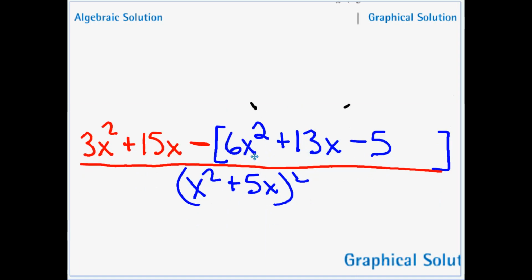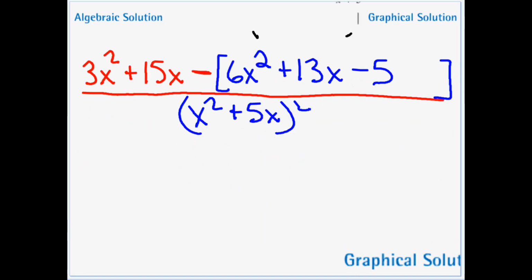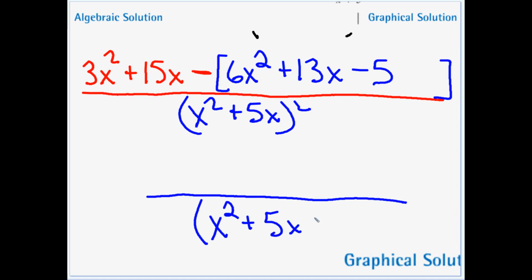Now we distribute the negative and combine like terms, and I'm going to do that all in one step here. So let's put our denominator downstairs where it belongs: x squared plus 5x quantity squared. When we start distributing the negative, this first term will be a minus 6x squared. We've already got a 3x squared, so that leaves us with a minus 3x squared.